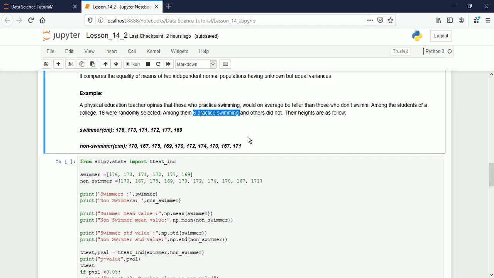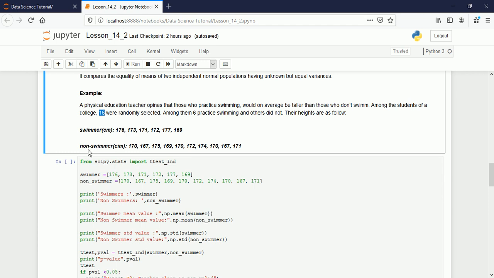So we have two samples. Sample 1, swimmers, and we have 6 values here, and non-swimmers we have 10 values, because 10 plus 6 becomes 16 as they claimed here.